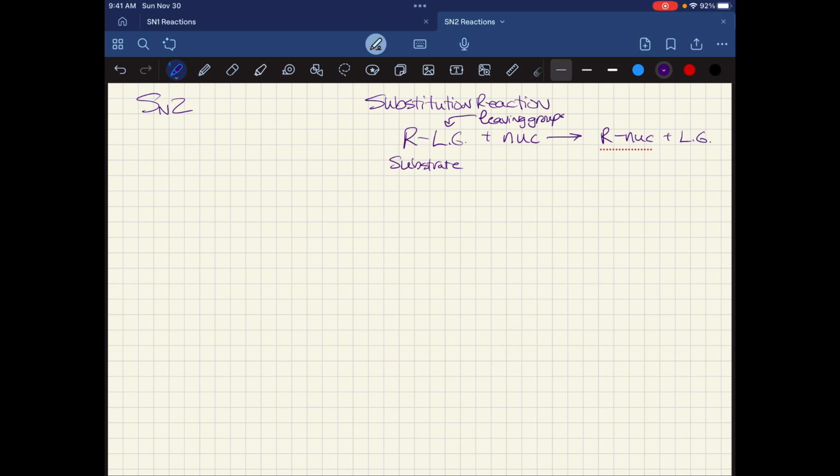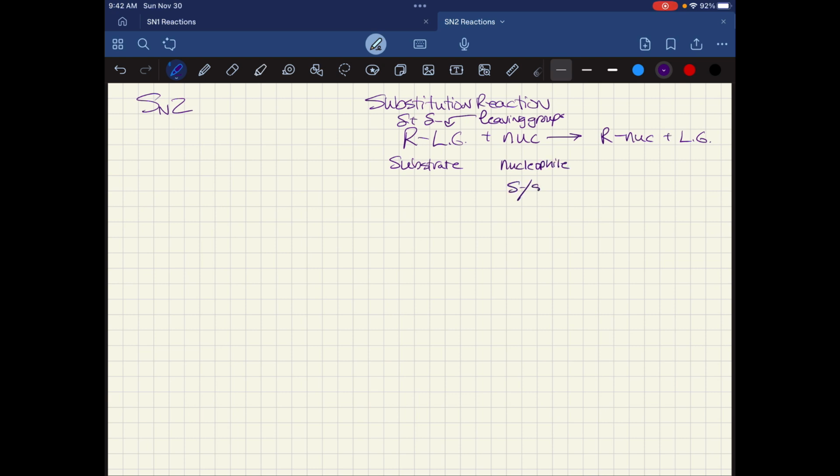Usually the atom right beside the carbon here will be an electronegative atom, and so it will give a partial positive charge to the substrate and a partial negative charge to the leaving group. The nucleophile can be neutral or negatively charged, but it will have a partial negative charge at least.